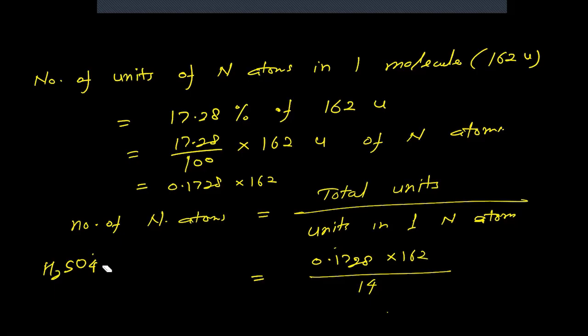The constituent elements of a molecule will always be considered as atoms, even if it is written as hydrogen gas. Okay, because it exists in atomic form. In all the molecules, every element exists in atomic form.